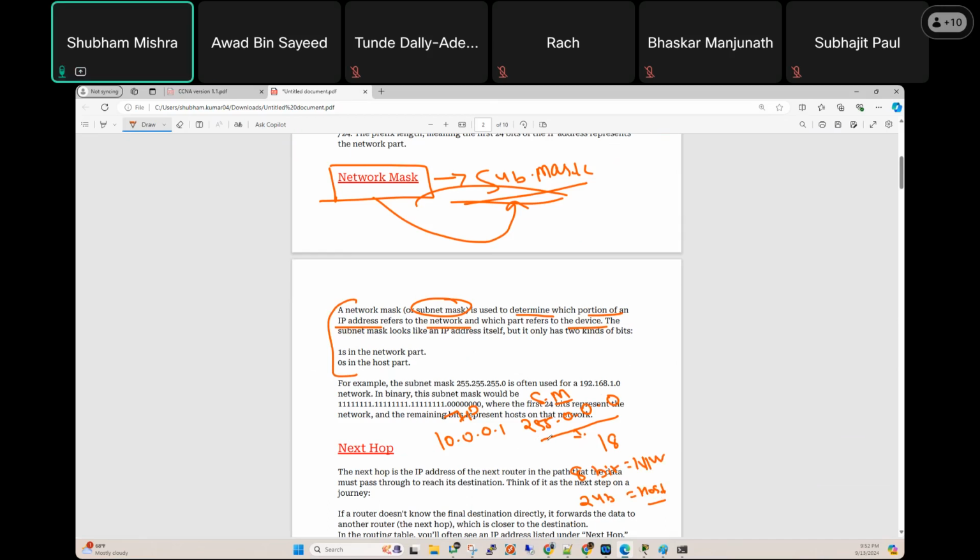So if the subnet mask is this one, 8 bits in this IP address are for the network and the rest 24 bits are for the host. Clear, everyone? So I hope you understand network mask.